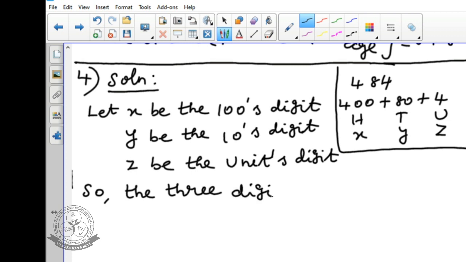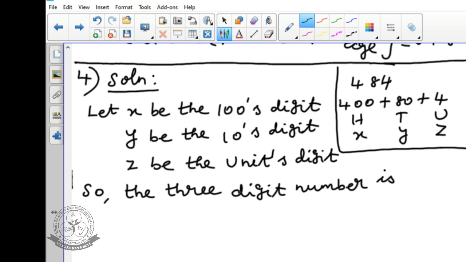The 3-digit number is x plus y plus z. X will be in the 100s digit, y will be in the tens digit, and z will be in the unit digit.